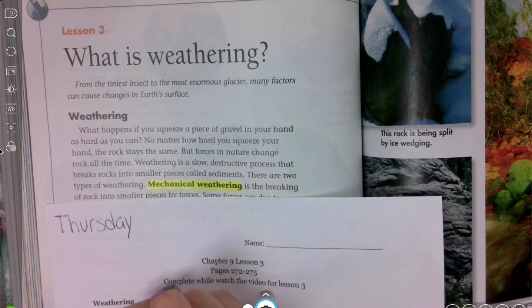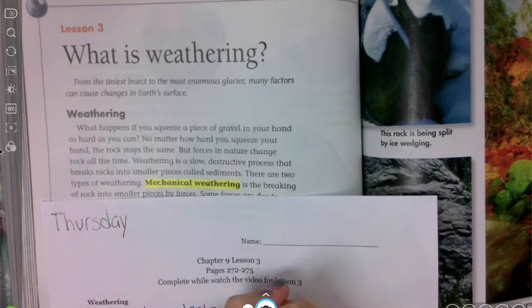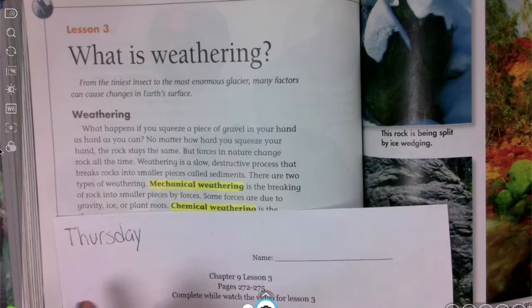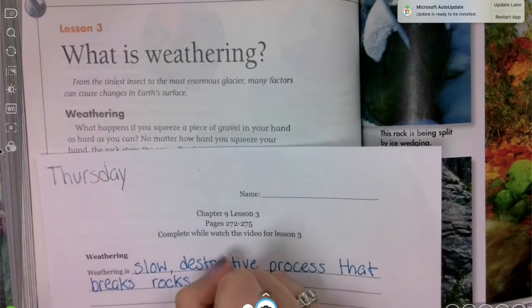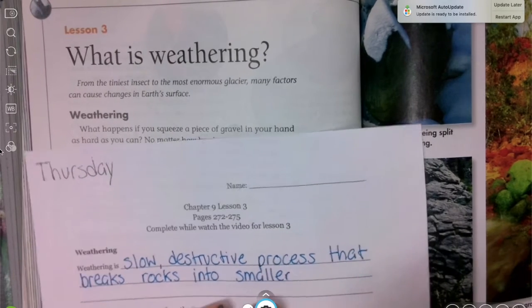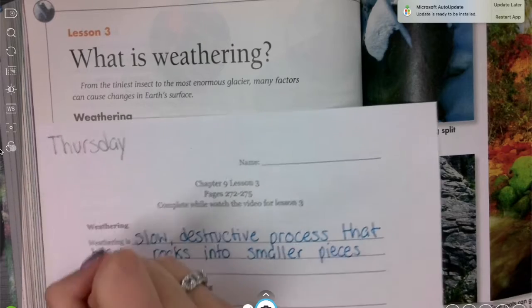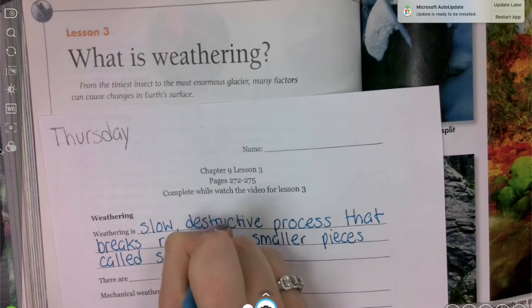Weathering is a slow, destructive process that breaks rocks into smaller pieces called sediments.